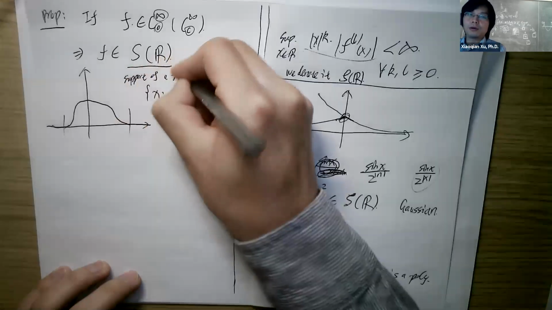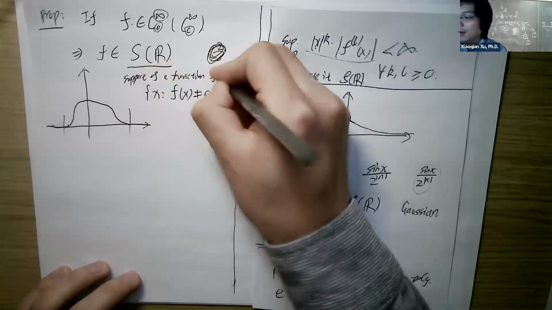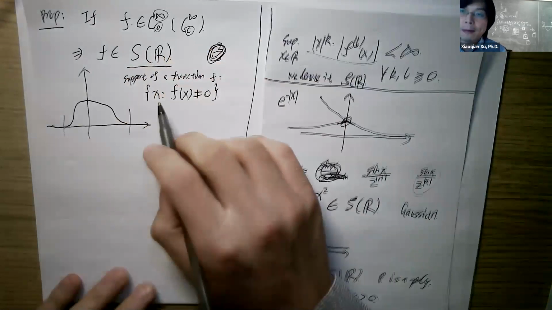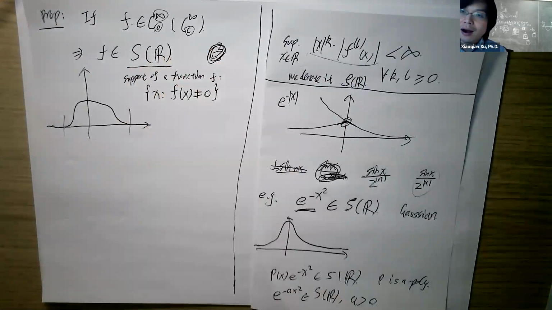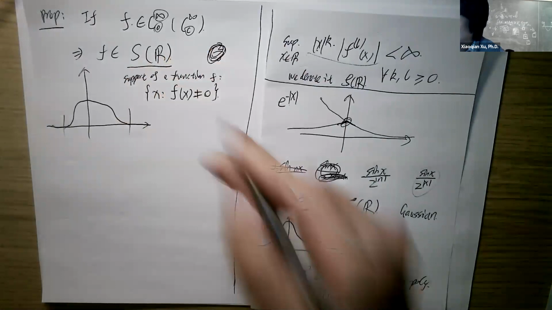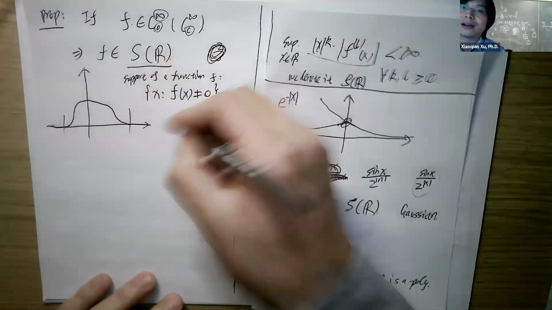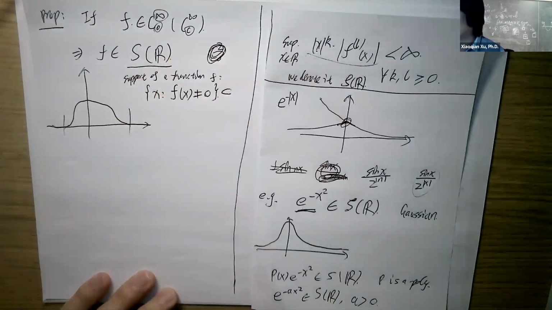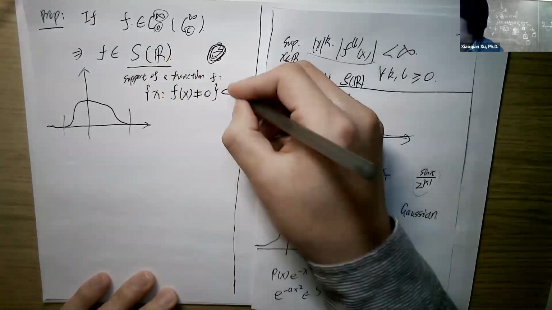Then compactly supported means this support of the function is a compact set. In R, that simply means it's inside some finite interval, and it's actually closed and bounded, okay? It's inside of some interval.